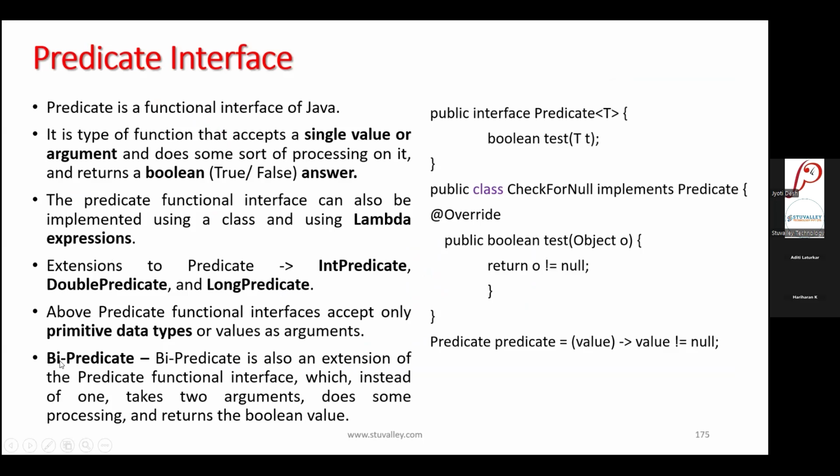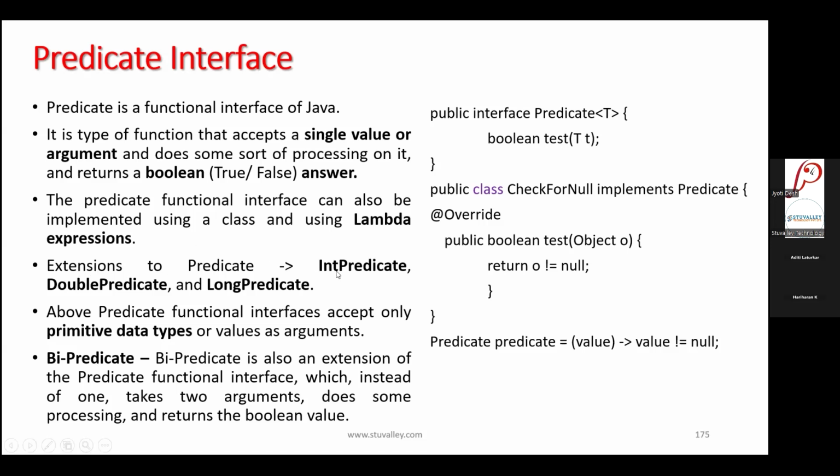That means if you want to do some testing on two different parameters, you can use this BiPredicate interface instead of the predicate interface. The predicate interface has a single abstract method with a single parameter. BiPredicate interface has one abstract method itself. It is also a functional interface with two parameters. It will also do the same thing, testing, and it also returns a Boolean value only.